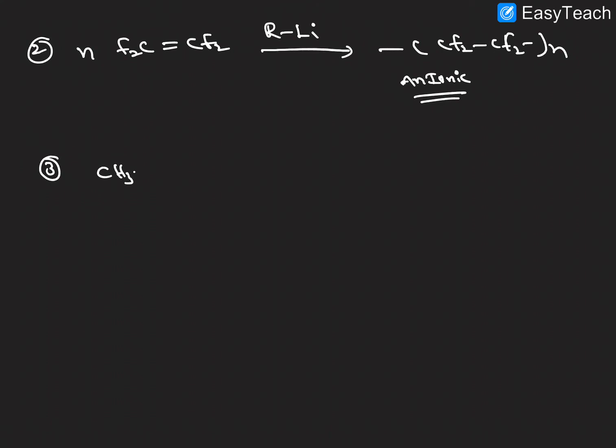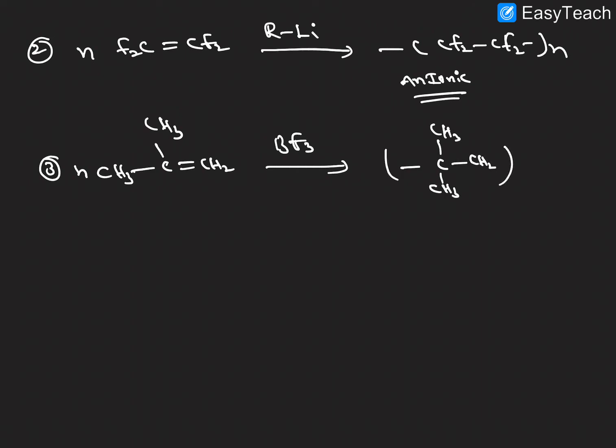And the third one is isobutene. Here n number of molecules undergo polymerization in the presence of a Lewis acid, forming CH3 CH3 CH2 units n number of times. This is cationic polymerization, giving polyisobutene. I hope it is clear.